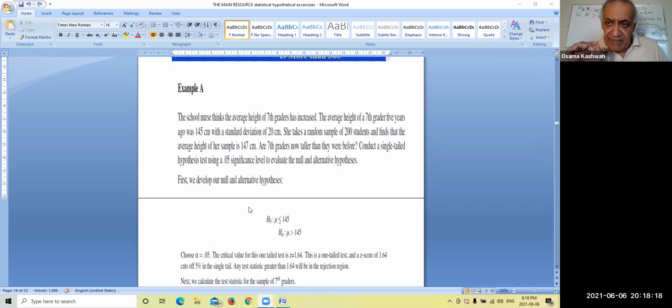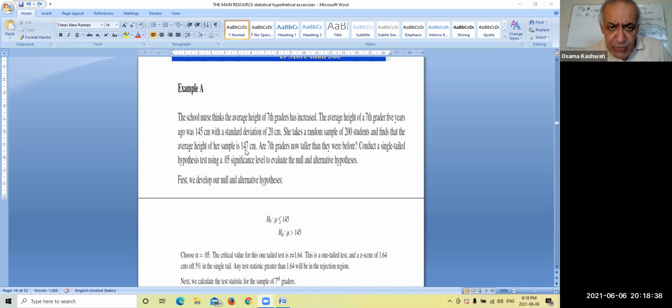She takes a random sample of students and finds that the average height of her sample is 147 centimeters, while it is 145 in the population.